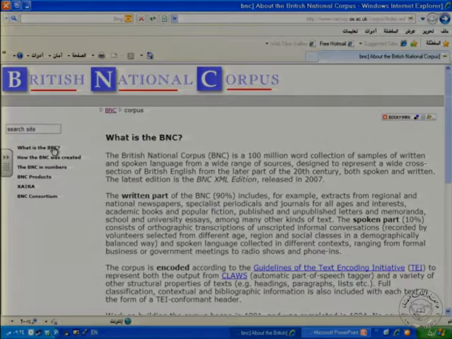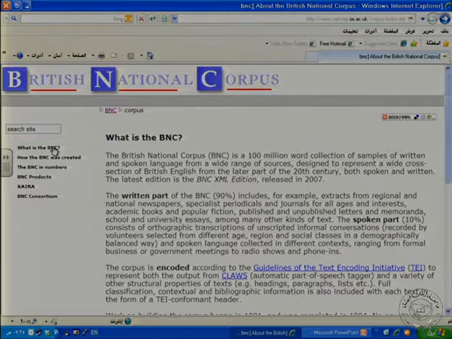The written part of the BNC, 90%, includes, for example, extracts from regional and national newspapers, specialist periodicals and journals for all ages and interests, academic books and popular fiction, published and unpublished letters and memoranda, school and university essays, among many other kinds of texts. So you can read the rest for yourself.